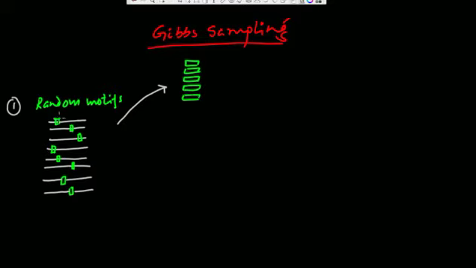We have stacked these motifs over each other, and we obtained a position specific scoring matrix. So this is our second step.